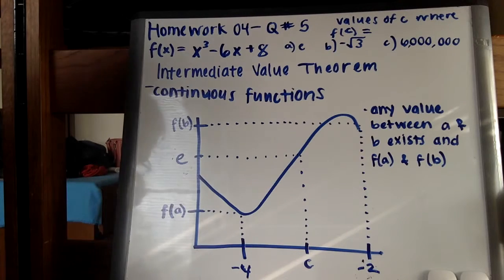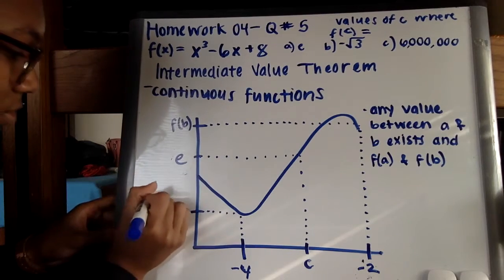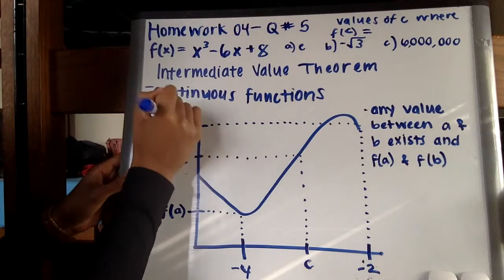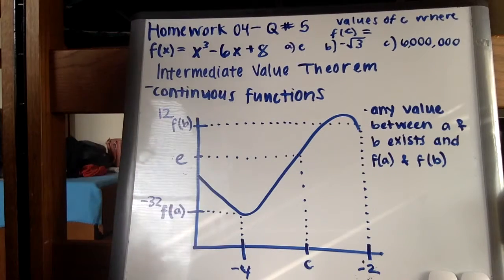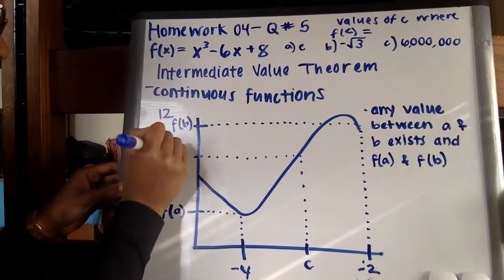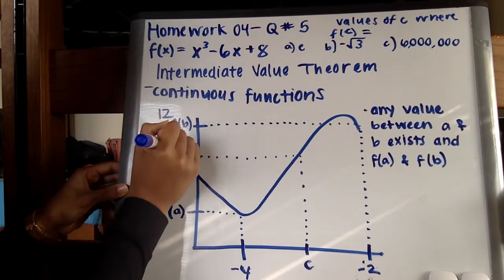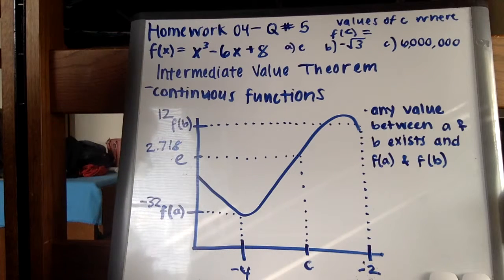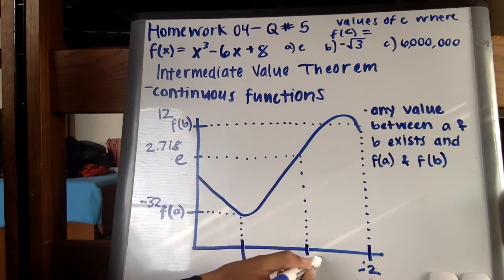If you plug that in, then we know that f of negative 4 is negative 32, and f of negative 2 is 12. Because e, which has the value of 2.718, is between negative 32 and 12, there is a corresponding c value, which is here.